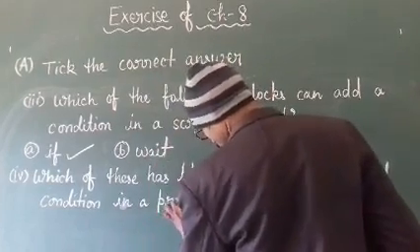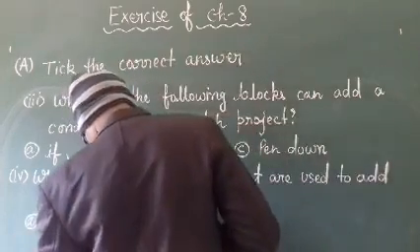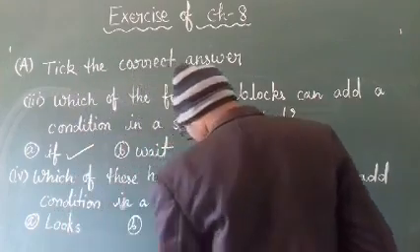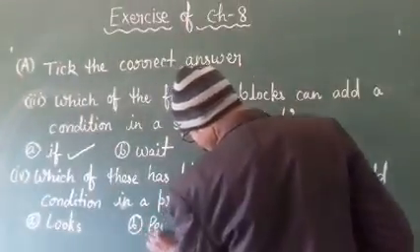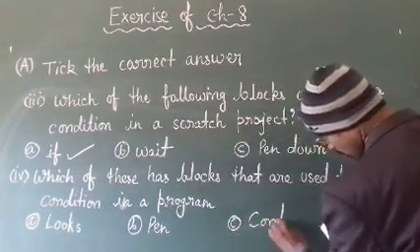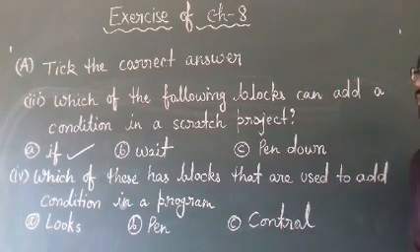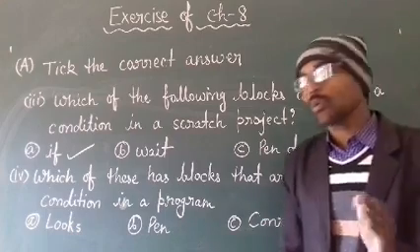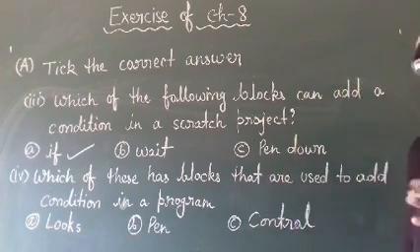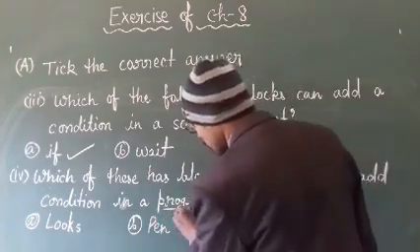Okay, option number A is looks block, and option number B is pen block, and option number C is control block. Okay, dear student, look at the question number 4. Question number 4 is asking which of these has blocks that are used to add condition in a program.